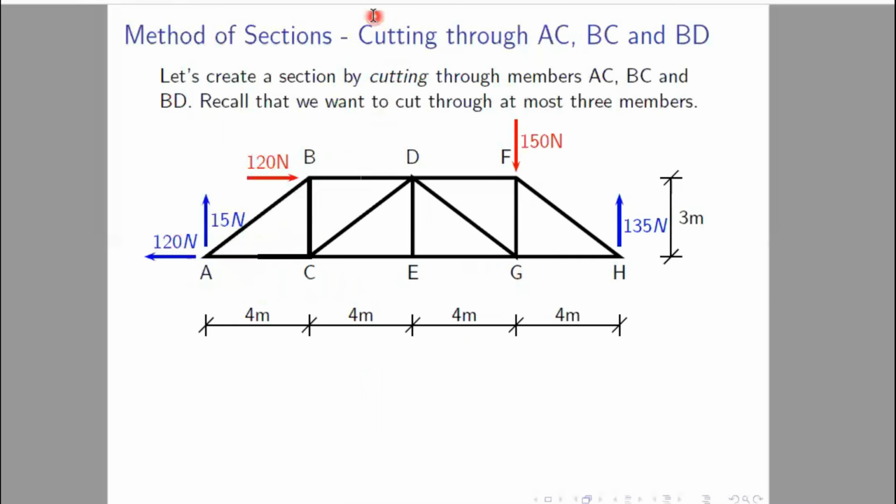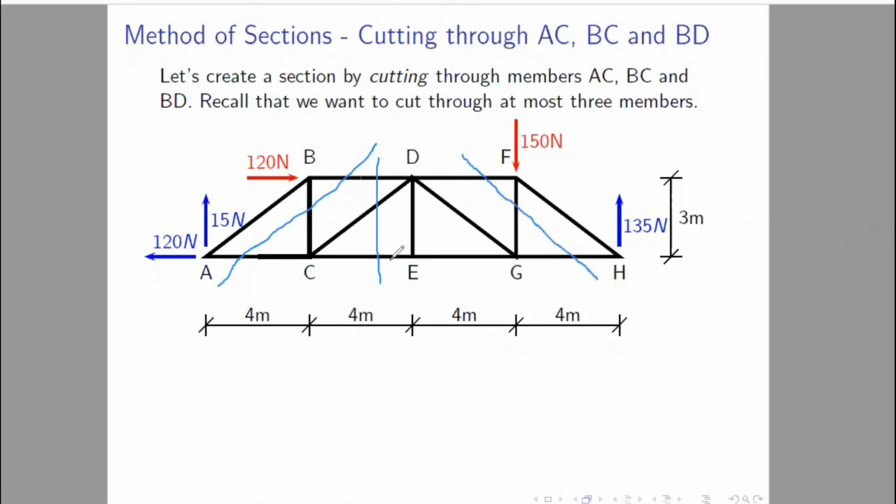Just let me draw the sections we have taken. First we have taken a section like this. Next we have taken another section like this. Next we have taken another section like this.